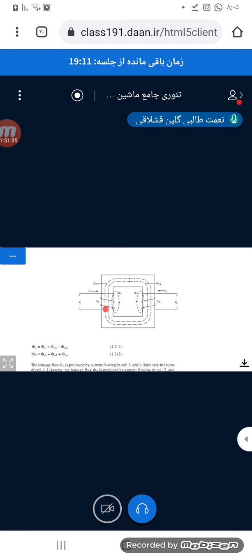This is a single phase transformer. I ask you to simulate this single phase transformer in many situations. For example, when circuit 2 is open circuit, apply a sinusoidal voltage here and find the current I1, find the voltage V2, find the flux linkage variation in the circuit, all of the electrical parameters of the circuit.